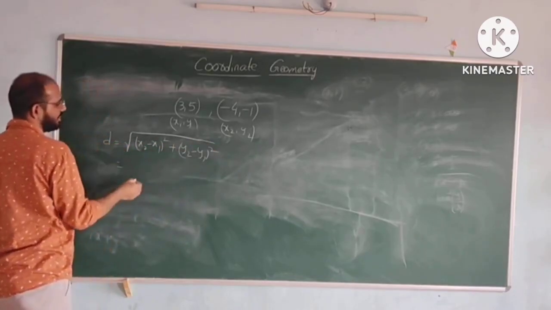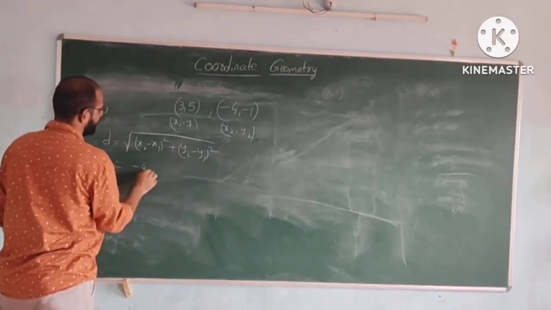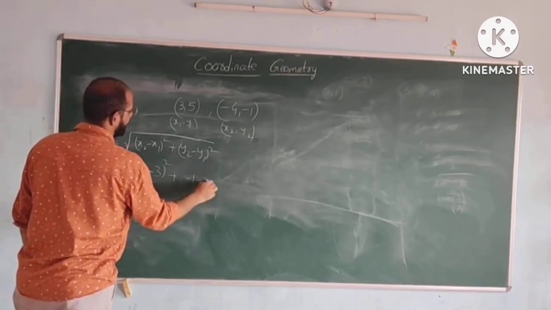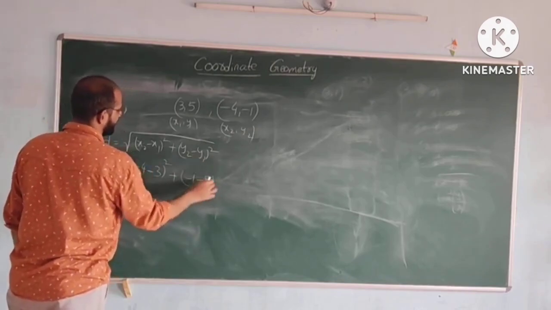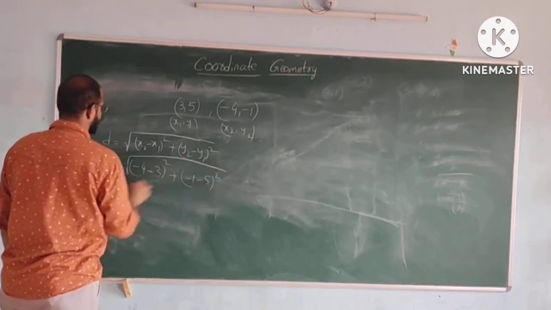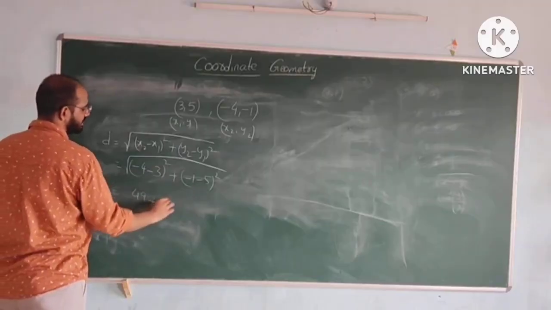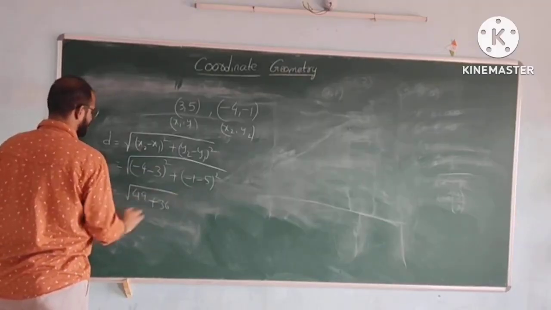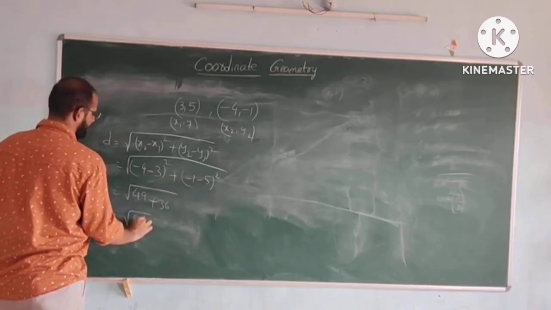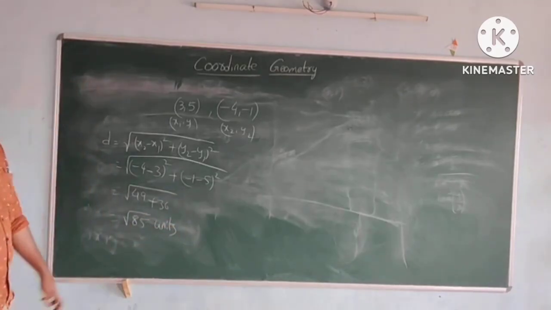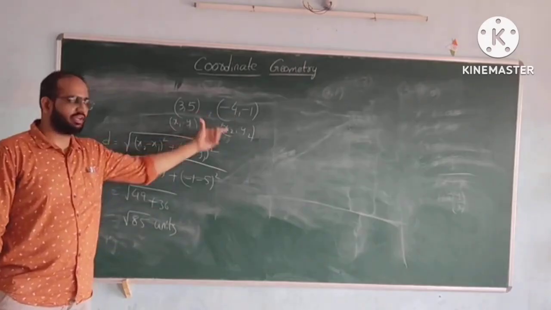Now substituting the values: x2 is minus 4, x1 is 3, y2 is minus 1, y1 is 5. This is minus 7, and minus 7 square is 49. This is 36. So the distance between these two points is root 85 units.